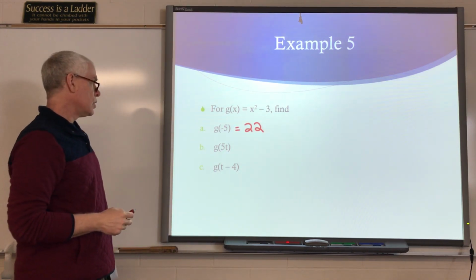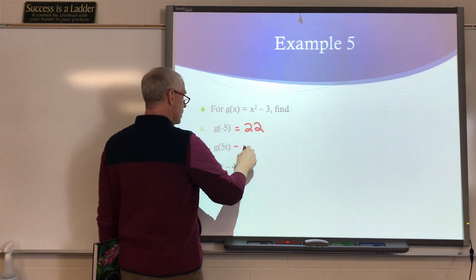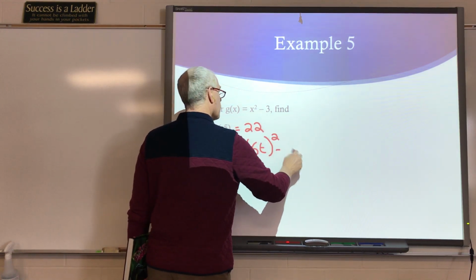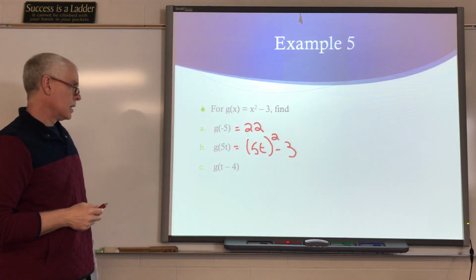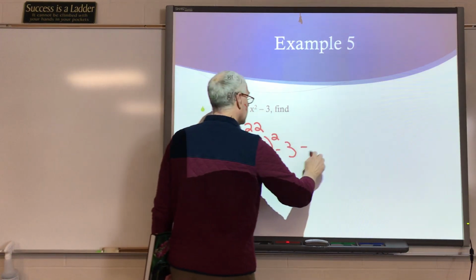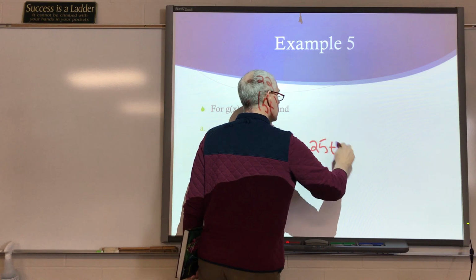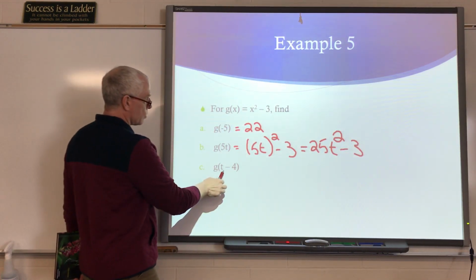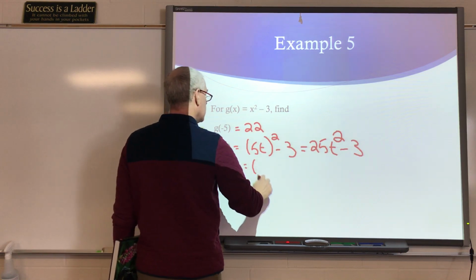Okay? G of 5t, well, that says replace the x with the 5t. So if I simplify that a little bit, I get 25t squared minus 3. Okay? And this one, I'm supposed to replace the x with a t minus 4.